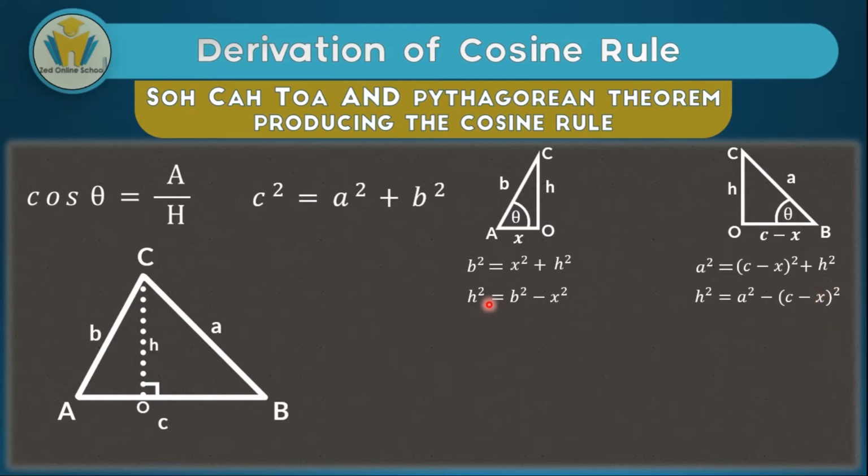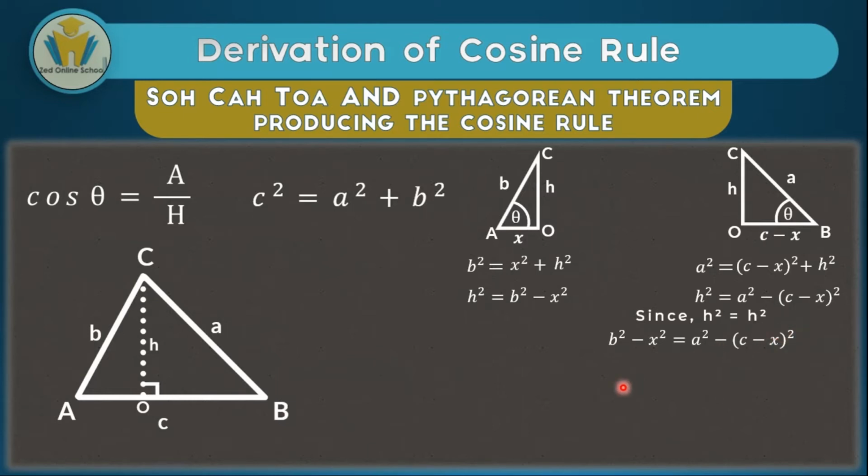Now, notice that both these equations have h squared as their subject. Since h squared is equal to h squared, it means these two expressions on the right side of both of these equations are equal to each other. Therefore, b squared minus x squared will be equal to a squared minus c minus x in brackets squared.